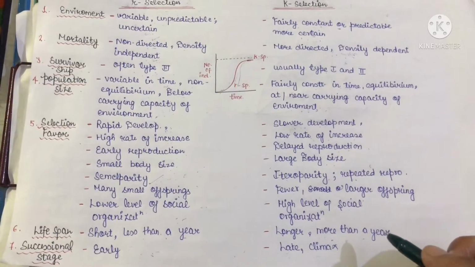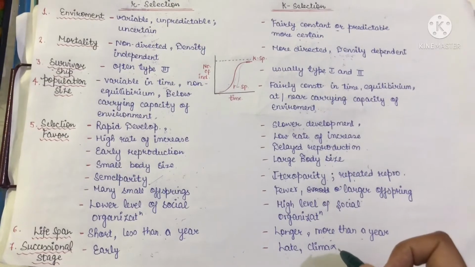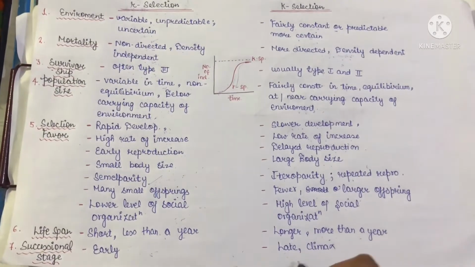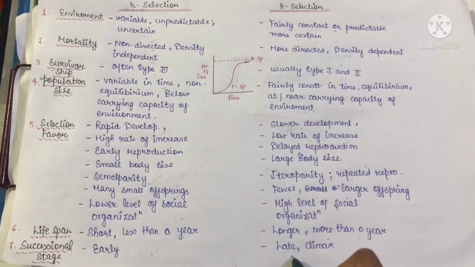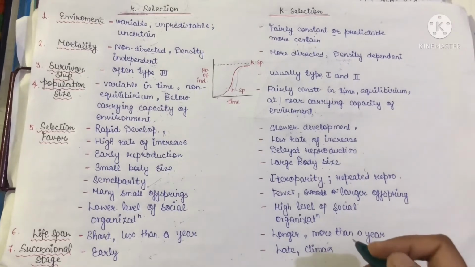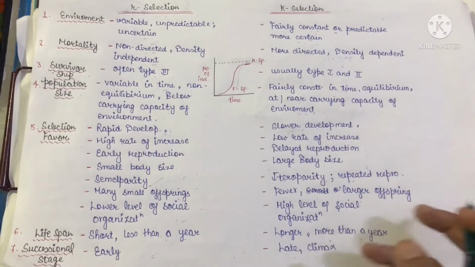So that species passes through many developmental changes, as this also applies in case of R selected and K selected, but in another way, right?